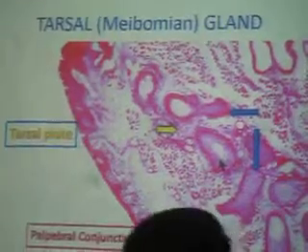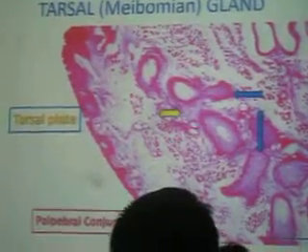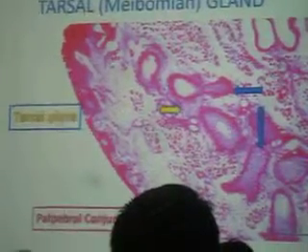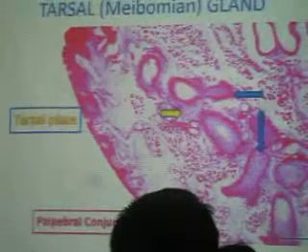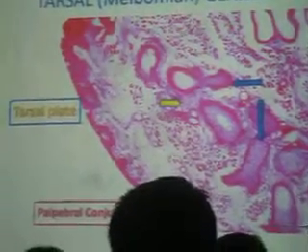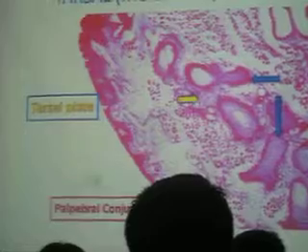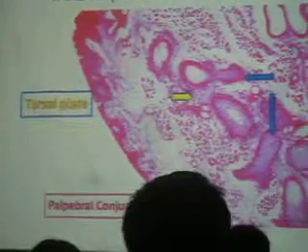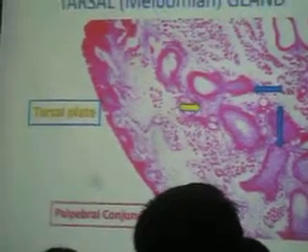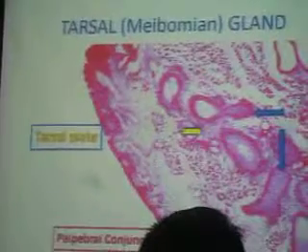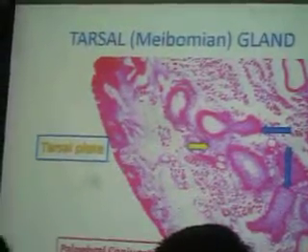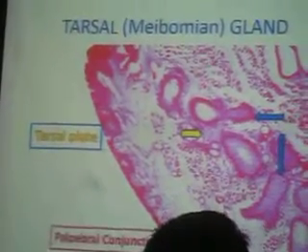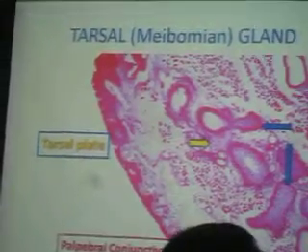That's why you can invert the eyelid. Anybody who would like to demonstrate? You can invert the eyelid because of the tarsal plate. That's what you call your tarsal plate.